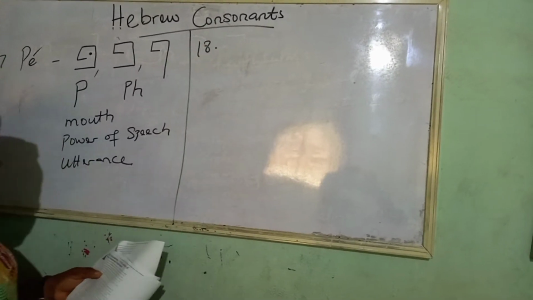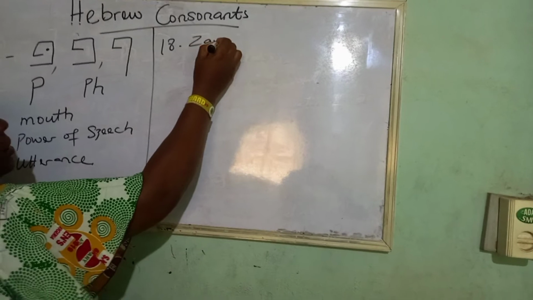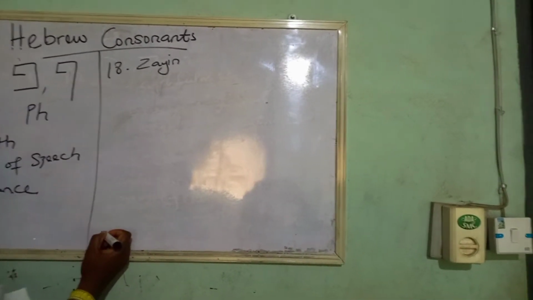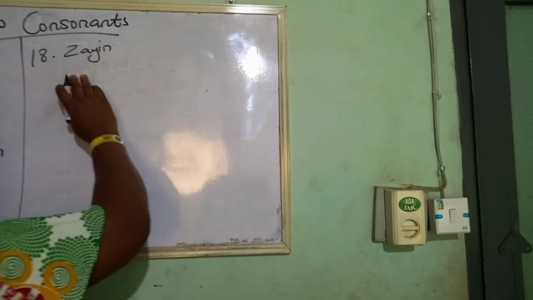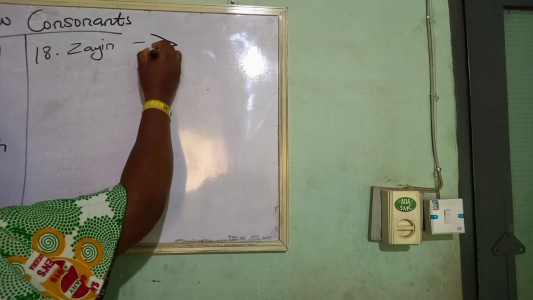The 18th consonant is called zayin. Zayin is written in Hebrew as this.